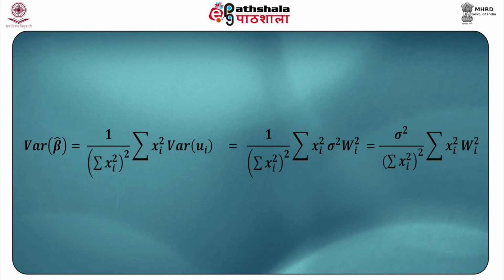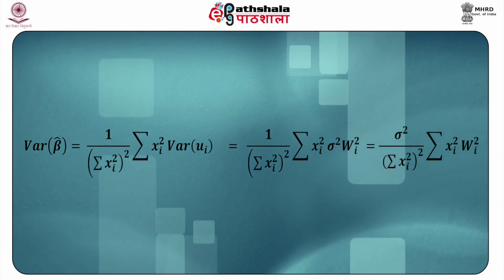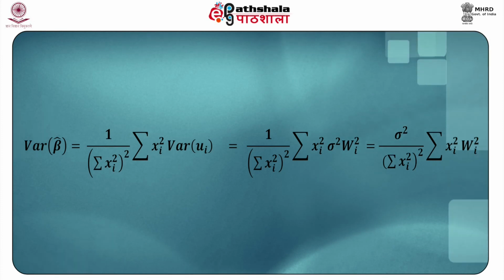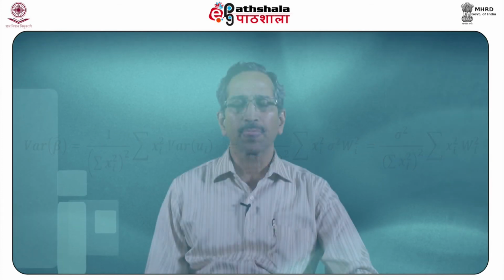Now this is equal to sigma square upon (sigma x_i square) whole square into sigma x_i square w_i square. This formula takes heteroscedasticity explicitly into account.